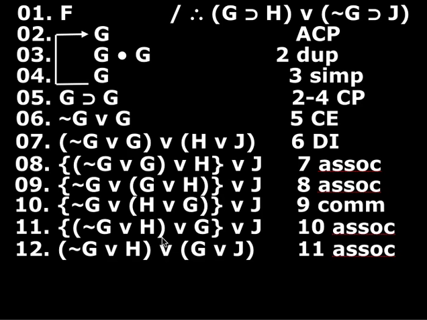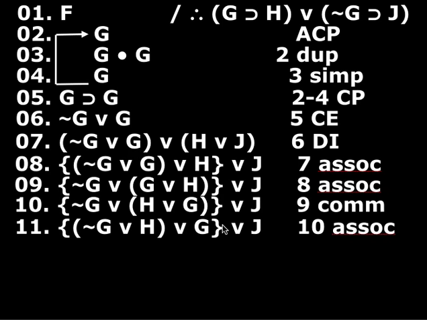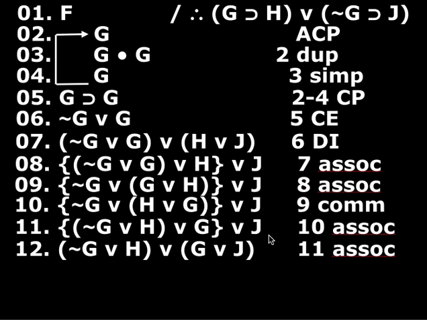Now I'm going to conceive of this again as 3 disjuncts: statement, or statement, or statement. Right now, these 2 are associated. I'm going to instead associate these 2, the G and the J.